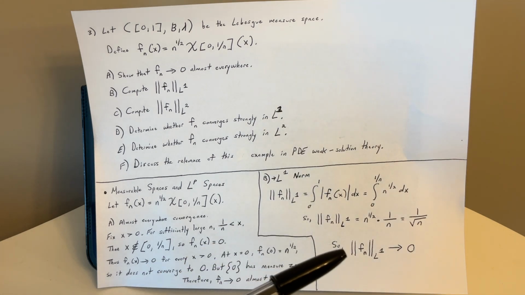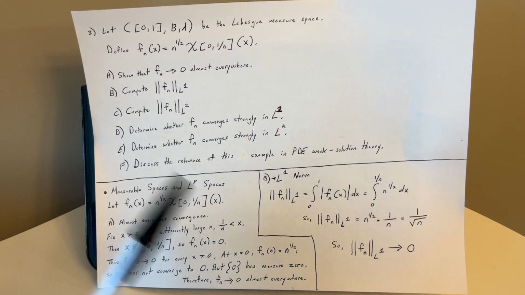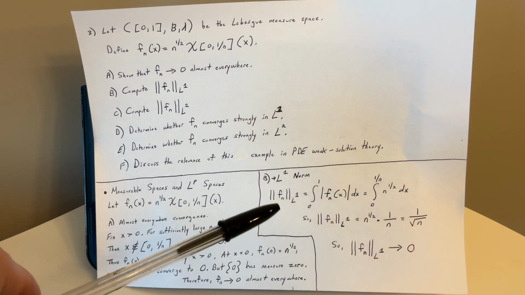So the norm of f sub n in L1 goes to 0. That's for letter A and letter B.